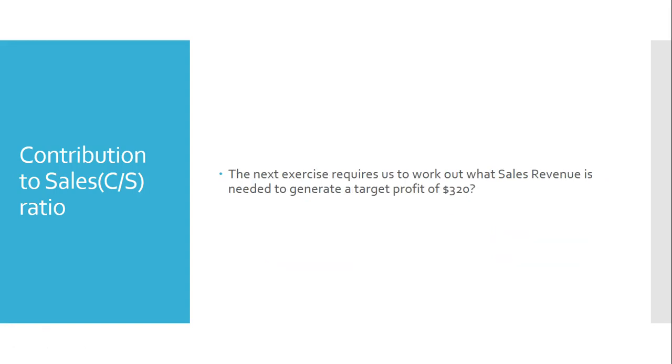And if someone says you're required to work out what sales revenue is needed to generate a target profit of 320, well, like we said earlier on, 320 is profit, this is fixed cost, and that's your contribution.